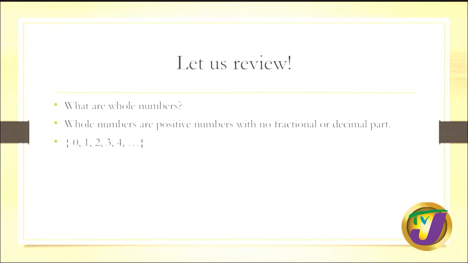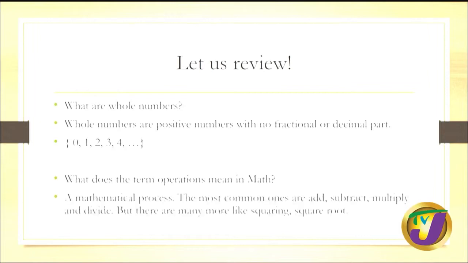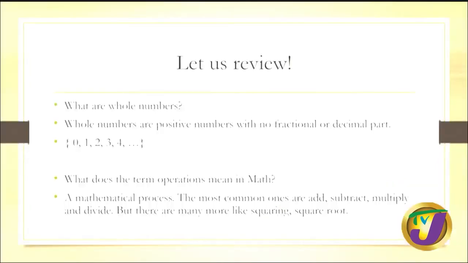And what does the term operation mean in math? A mathematical process. The most common mathematical processes are to add, subtract, multiply, and divide. However, there are many more operations that we can look at, like square root, logarithm, squaring, just to name a few.